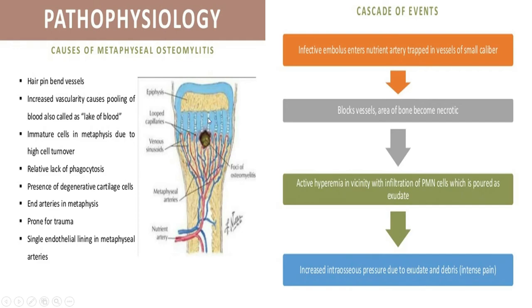Due to the presence of the physis and a relative lack of phagocytosis over this area, the presence of degenerative cartilage cells and end arteries in the metaphyseal region, this area is more prone to trauma and acute hematoma formation, and it has a single endothelial lining in the metaphyseal artery.